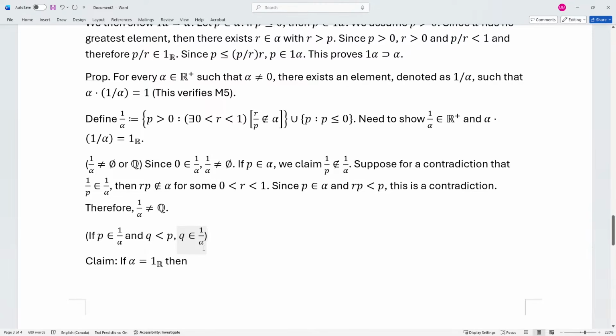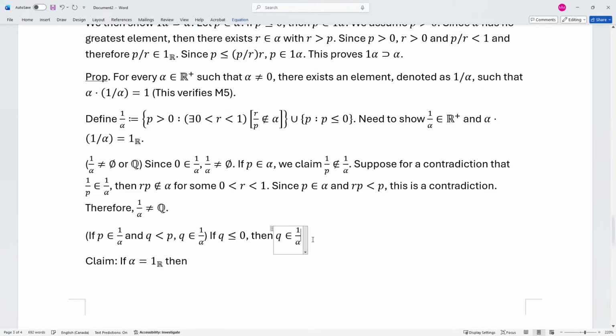First, let's take care of the trivial case. If Q is non-positive, that is, if Q is less than or equal to 0, then Q is in 1 over alpha automatically.